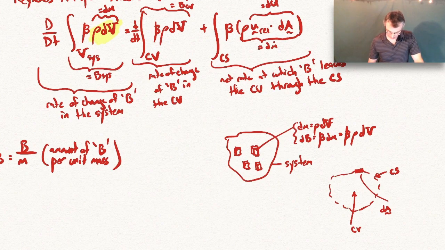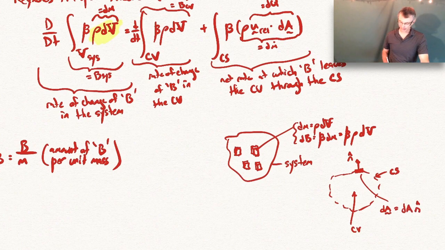And that unit vector will show as being n hat. So dA is just the magnitude, and I'll just write it as dA times n hat. That makes it the vector. And that unit normal vector, n hat, is an outward pointing normal vector. It points outside of the control volume.